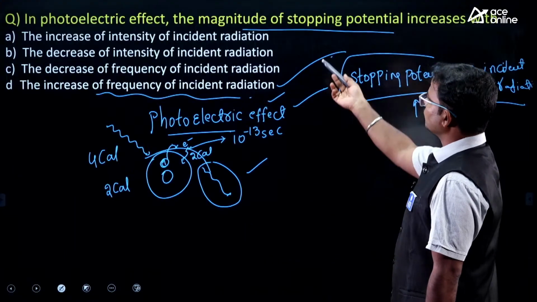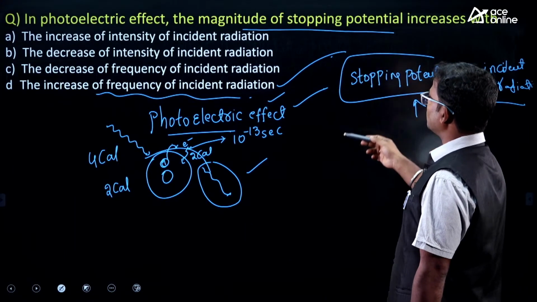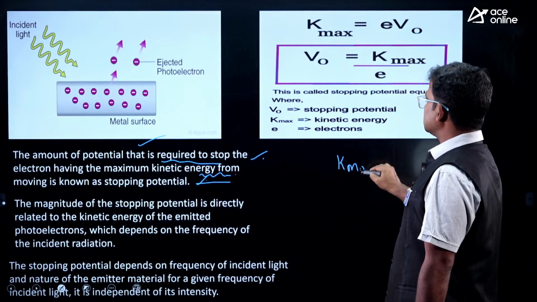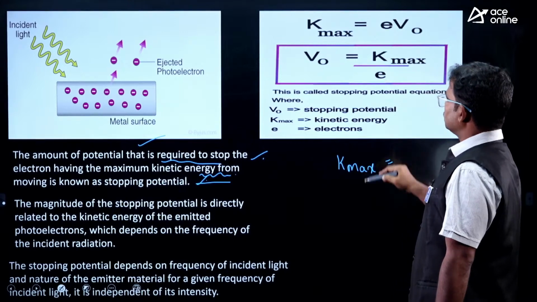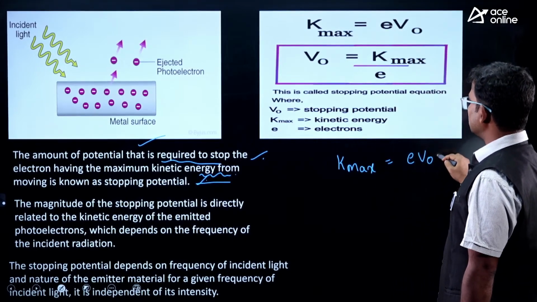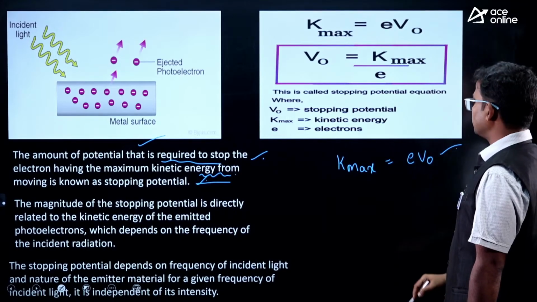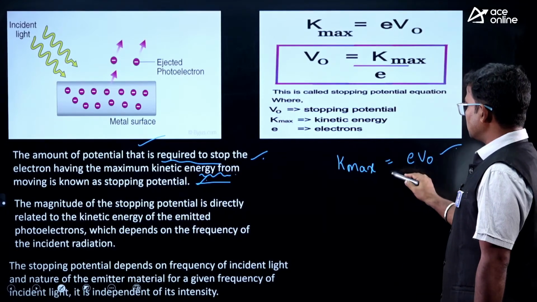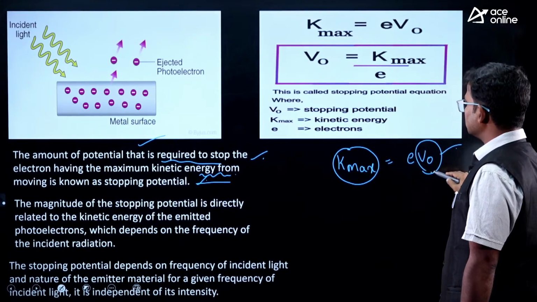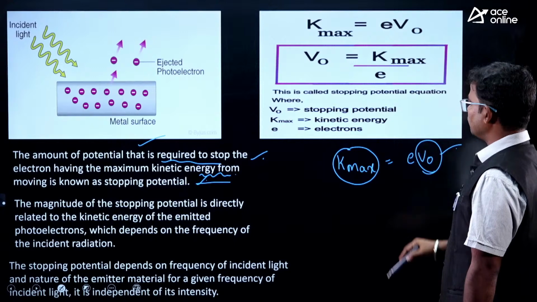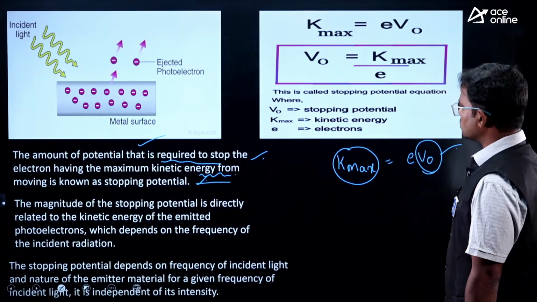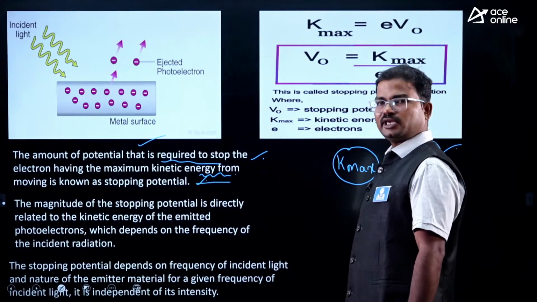Here Kmax is the kinetic energy, which is equal to e times V naught, where e is the electron charge and V naught is the stopping potential. Kinetic energy is directly proportional to the stopping potential. If we increase the frequency, then the stopping potential will also increase.